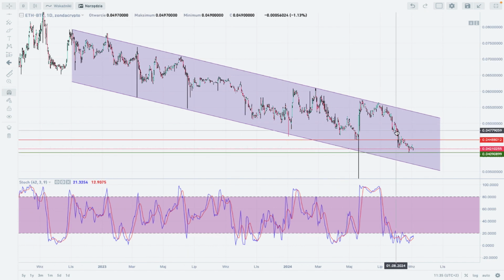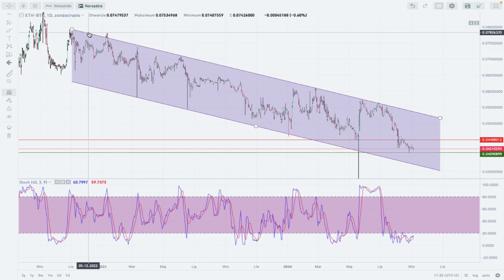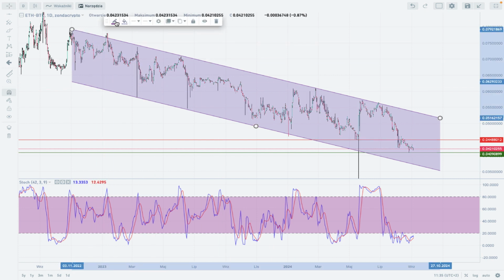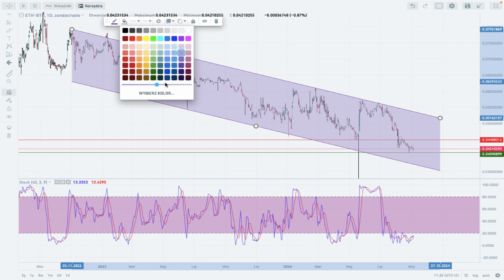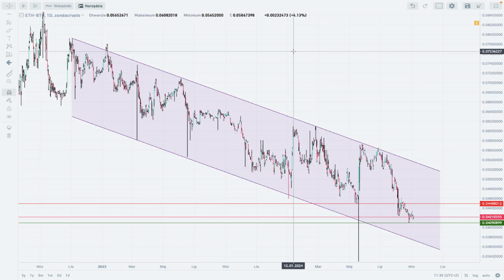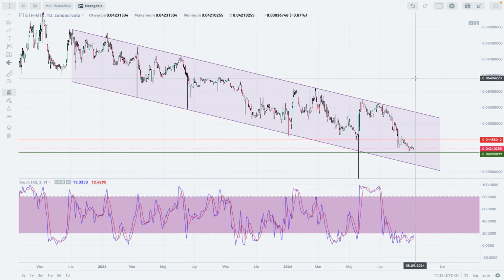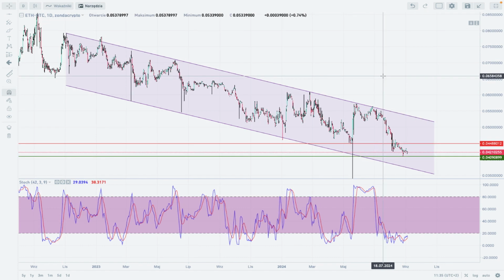If we take a look at this channel, maybe to look at this a little bit better, let me just make it a little bit, there you go. Now it looks a little bit better. Okay, so stochastic is back on the chart, and the situation with Ethereum to Bitcoin is getting rather clear.